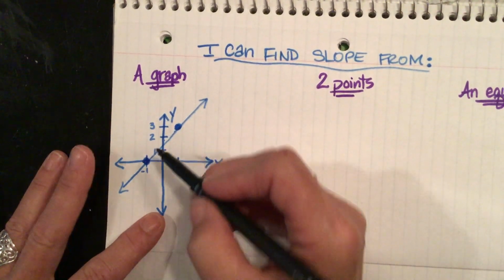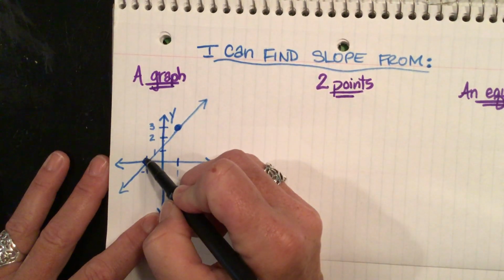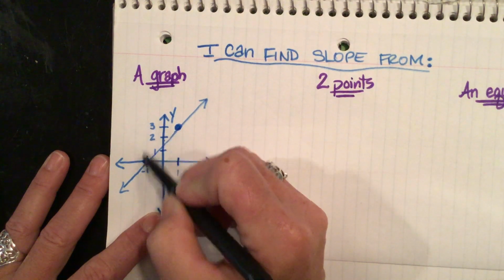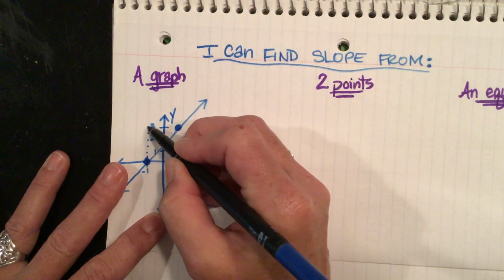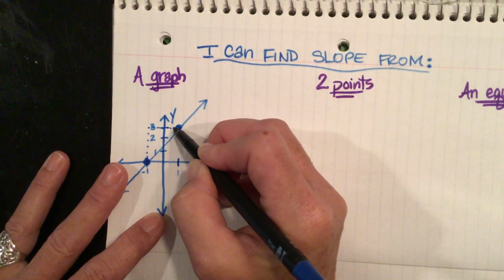When you're doing this, you look at how many times, it's called rise over run. So from a graph, I'm going to explain that in the next part.